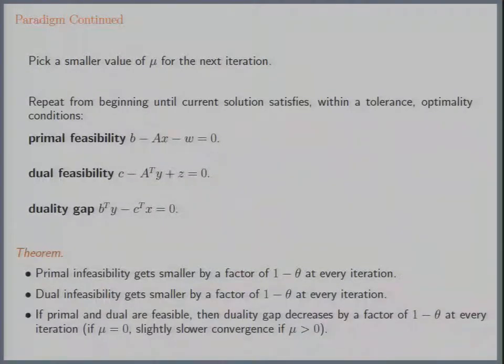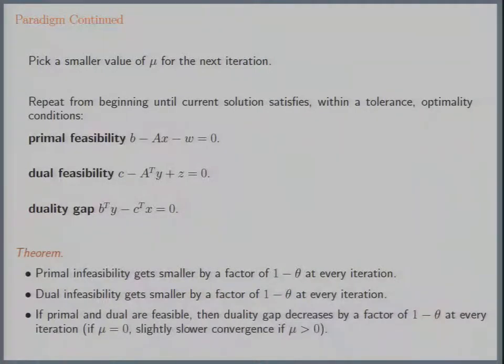Of course, if you really want these to be 0 exactly, you have to do an infinite number of iterations, just like I said for the iteratively reweighted least squares before. But on a computer, everything is finite precision, and so you say, okay, I'll go to 8 digits of precision or something like that, and you put an epsilon on these 3 things, and you stop when you get to some reasonably small tolerance.